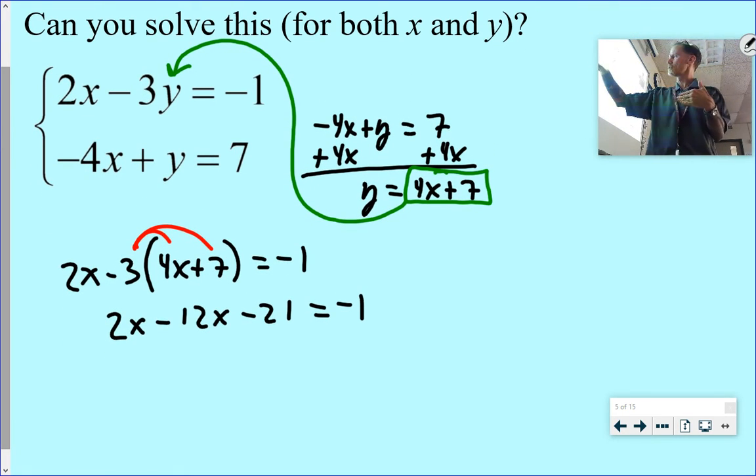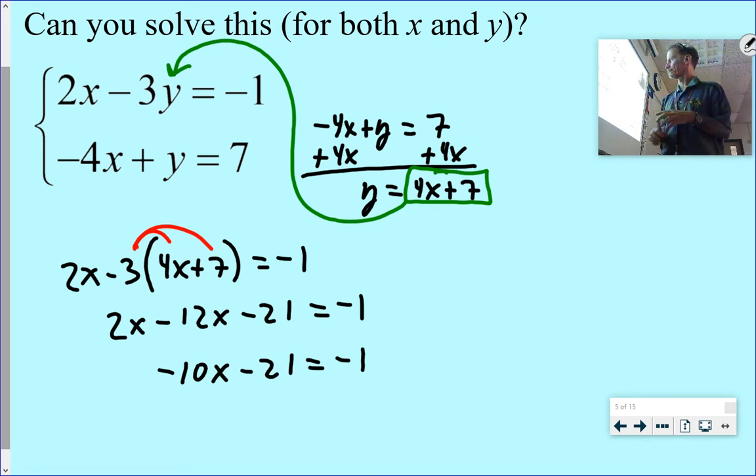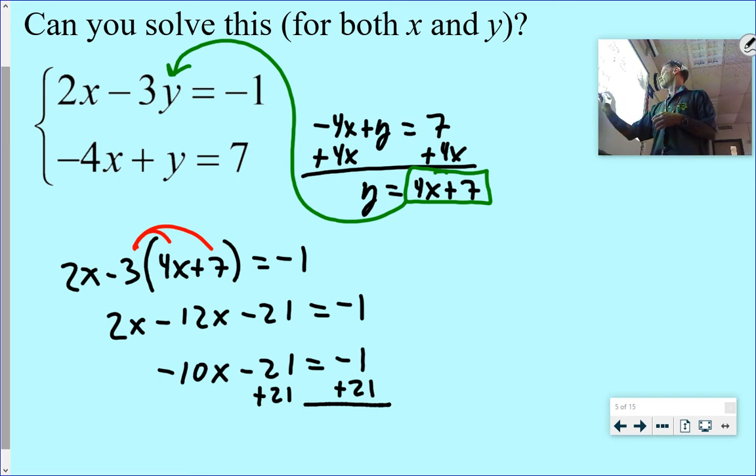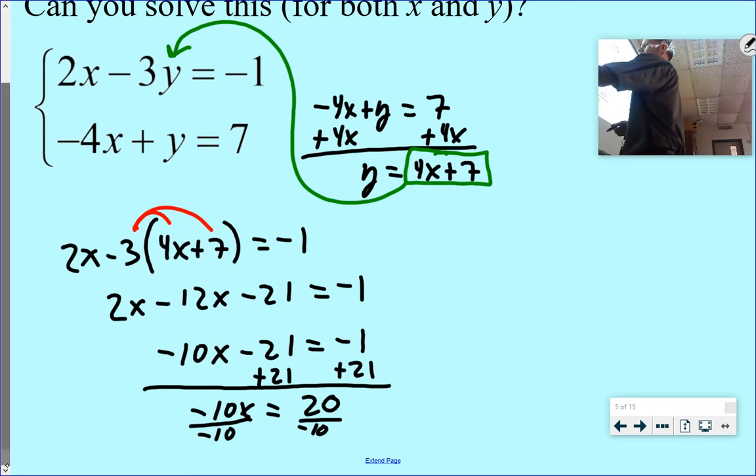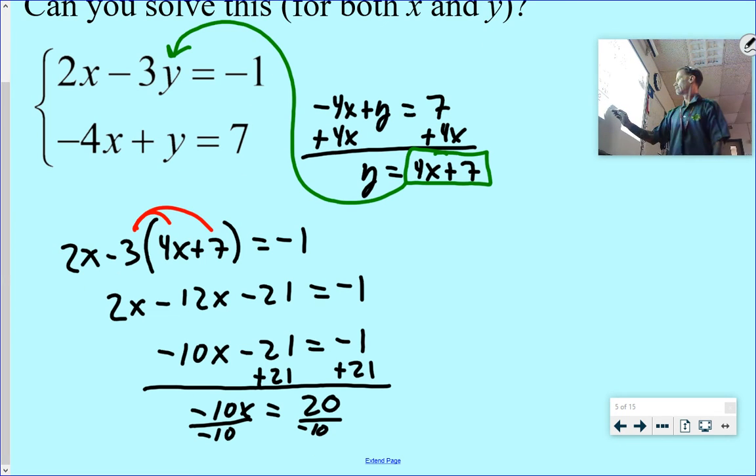I can combine those first two, 2x minus 12x, negative 10x minus 21 equals negative 1. Add the 21 to both sides, and I have negative 10x equals 20. And we divide by negative 10, and I'll get x equals negative 2.